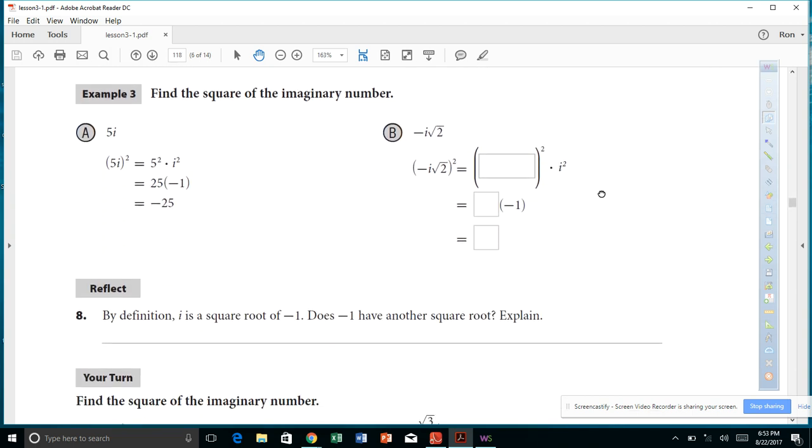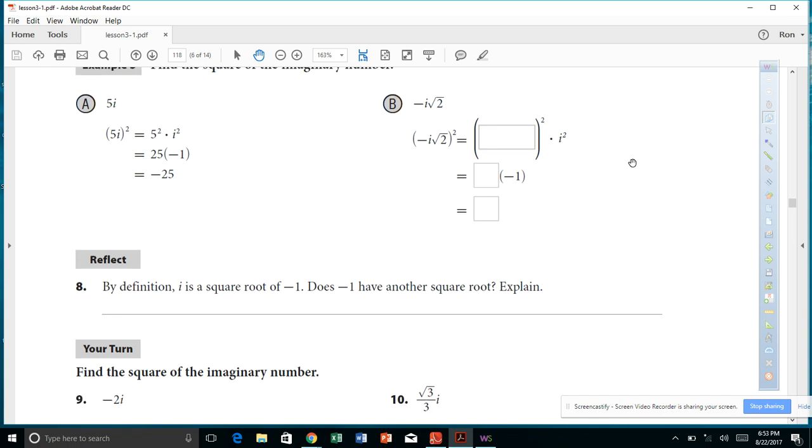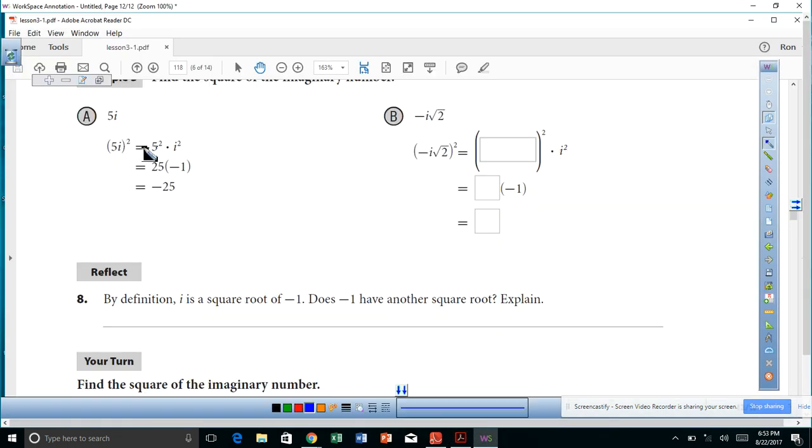All right. Find the square of the imaginary number. So we have 5i, and we're going to square it. 5i squared equals 5 squared times i squared. Well, 5 squared is 25, and i squared is negative 1, so it equals negative 25. Here, we're going to take negative i times the square root of 2, and we're going to square that.